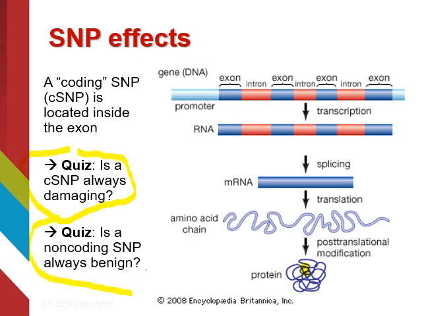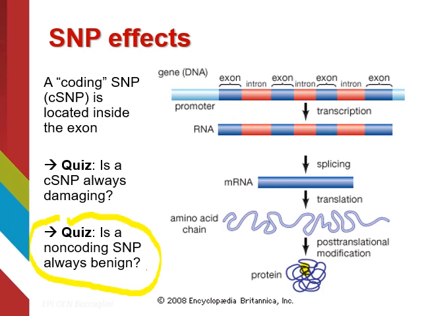For question number 2, is a non-coding SNP always benign? The non-coding SNP occurs in the introns or in a promoter region, so any loci that are not part of the exons. So you would think that they might not have an effect.